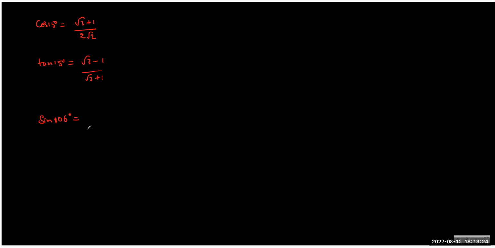And which formula will help us here? I hope you remember some of the derivation that we did using those formulas. So there is something called the double angle formula, right?